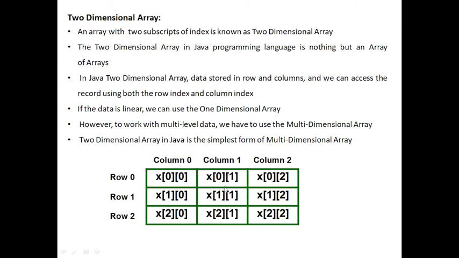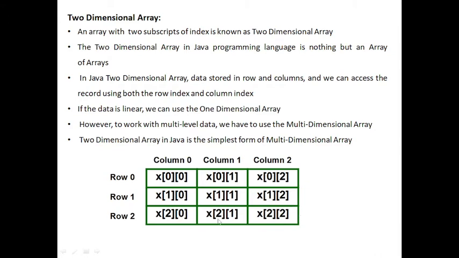If you want to access this memory location, its name is the name of the array, row index and column index. In the same way, for this location, the name of the array is x, the row index is 2 and the column index is 2. The combination of array name, row index and column index represents this particular memory location, right?